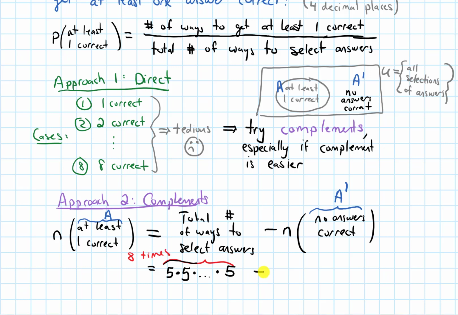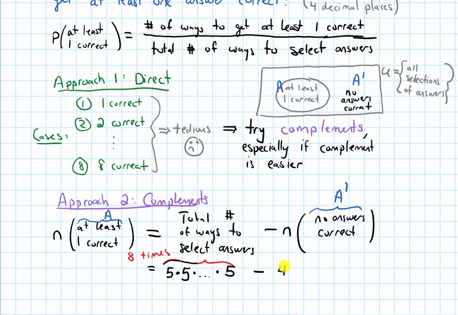And then I subtract the number of ways to get no answers correct. So if I want to get all the answers wrong, that means for each question there's one right answer, but there's 4 wrong answer choices. So I want to make sure I pick one of those wrong answer choices for each one.